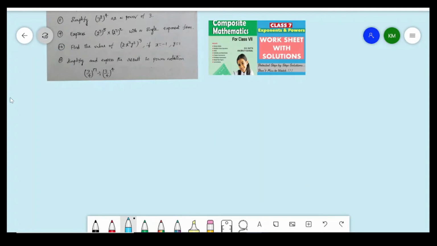Let's move to the 11th problem. Simplify and express the result in power notation. They have given (3/4)^17 divided by (3/4)^4. We know the formula, a^m divided by a^n is equal to a^(m-n).